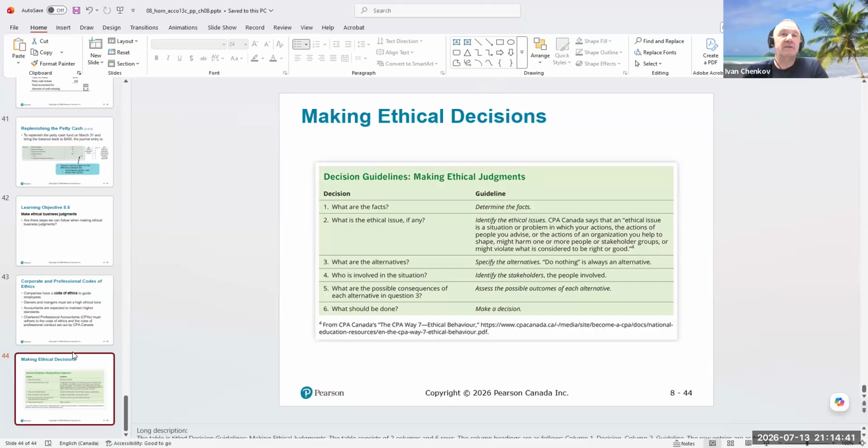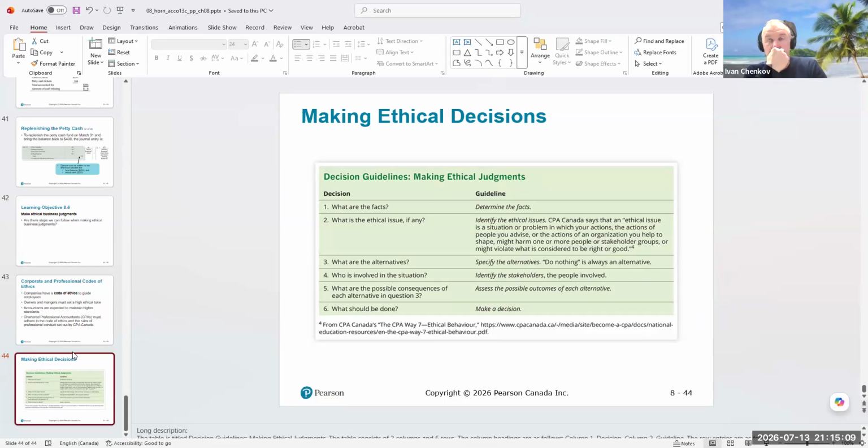What if we cannot make a decision? Then we have to look for help. Who's going to help us? Most likely the professional association that you are a member of, or a counselor under that organization. Or if things are very tricky and the ethical becomes a little bit legal, then you can look for legal advice.